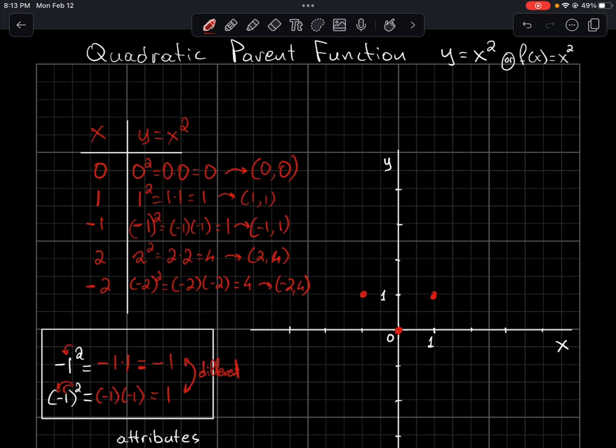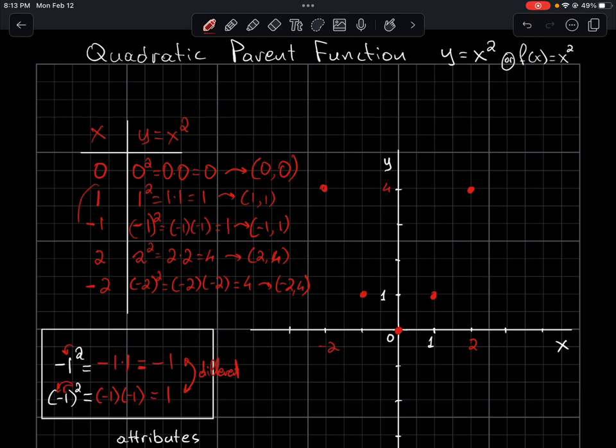Okay, let's plot those points. This point, the 2, 4, is right there. And this other point, the negative 2, 4, is right there. Before I continue, I see something.